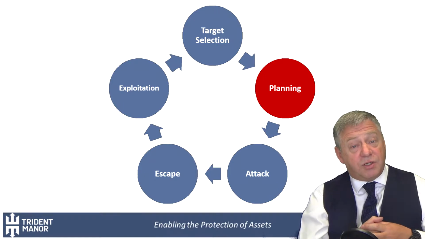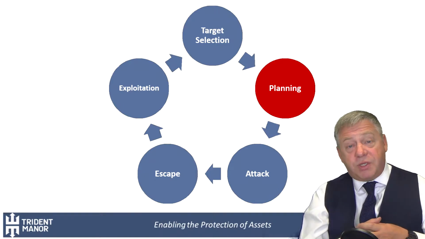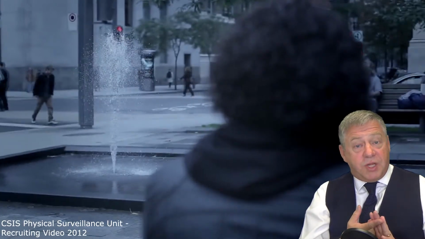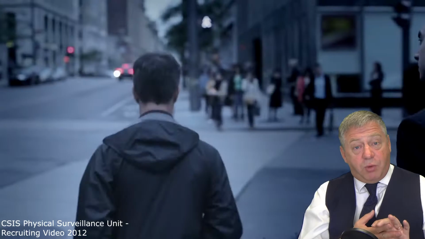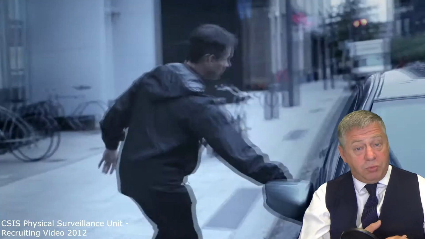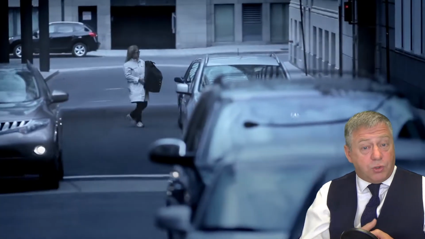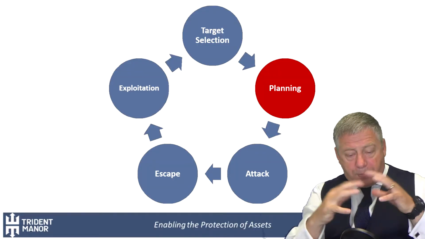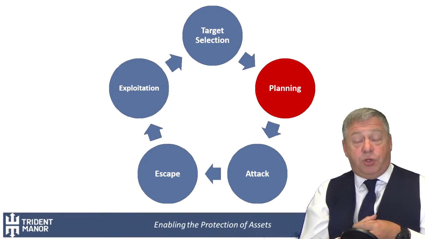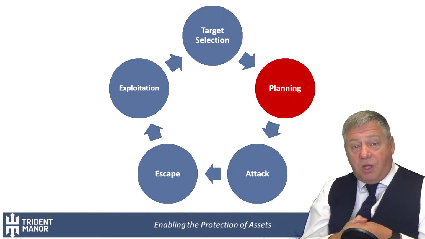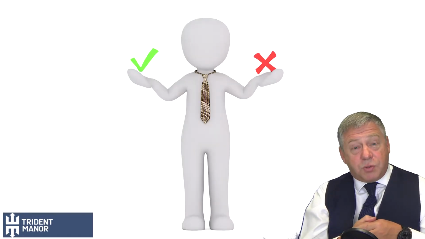During the planning stage, there nearly always are elements of surveillance. Surveillance nowadays includes electronic surveillance. Historically, it would include human surveillance and technical surveillance, which includes videos and, in some cases, wiretaps. The planning stage is where the attacker builds together the picture so they understand the likelihood of their success.